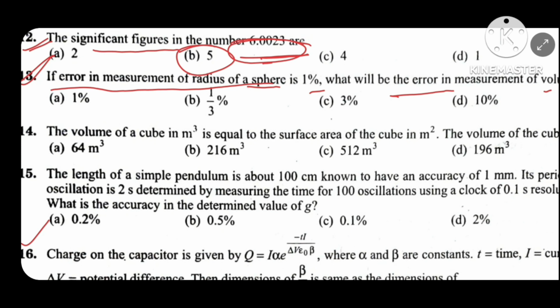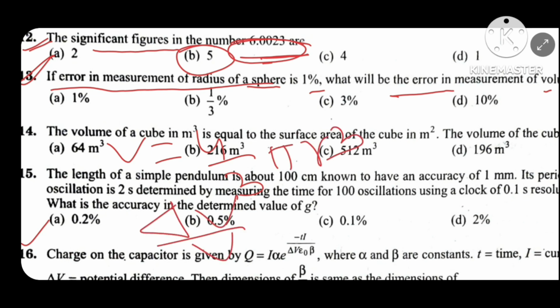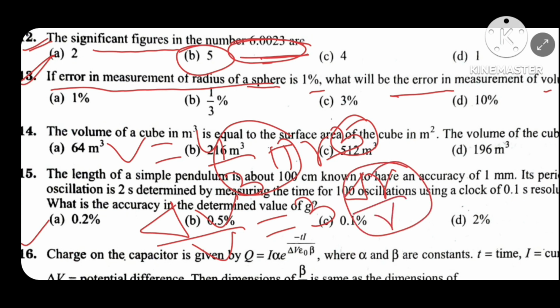We know volume of a sphere V equals 4/3 pi r cube. So here delta V by V, the constant stays and the power is 3, so this is 3 into delta R by R. Now delta R by R is 1%. So this is 3%. So option is C. Okay.